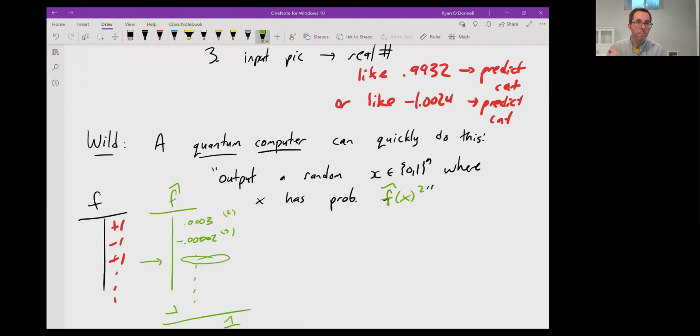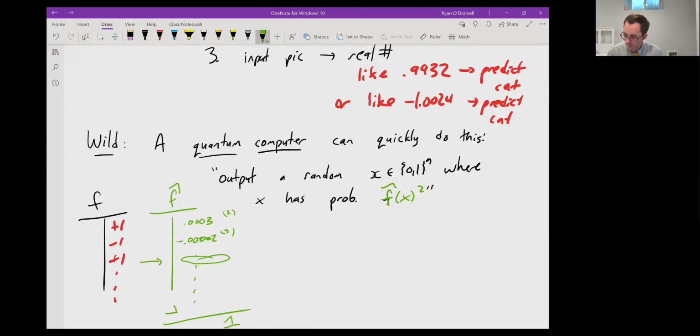And a quantum computer can pick out a random string, a random row in the Fourier coefficient table, with probability given by the squared Fourier coefficient. And you might be like, is that good for something? It turns out, yes. Using this, you can crack almost all cryptography schemes that are in use today if you can build a quantum computer, using this weird thing about Fourier coefficients.